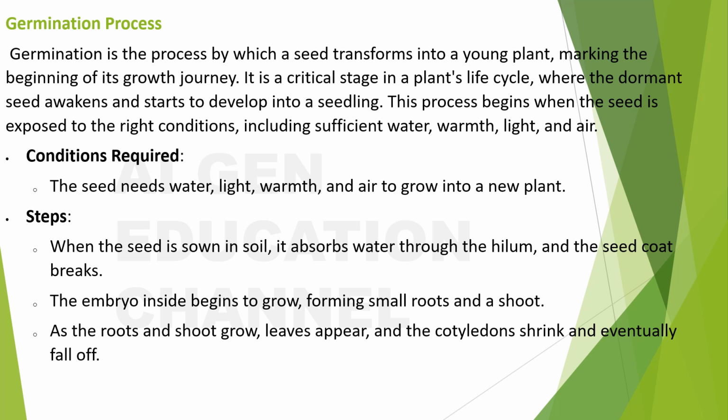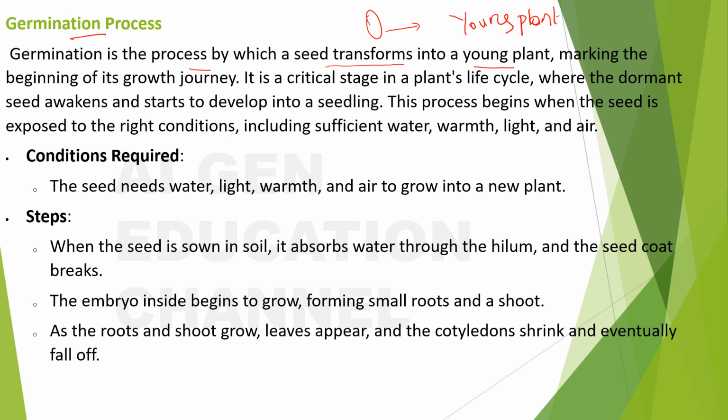So next is the germination process. What is germination? It is a process by which a seed transforms into a young plant. It is a critical stage in the plant's life cycle where the dormant seed awakens and starts to develop into a seedling.